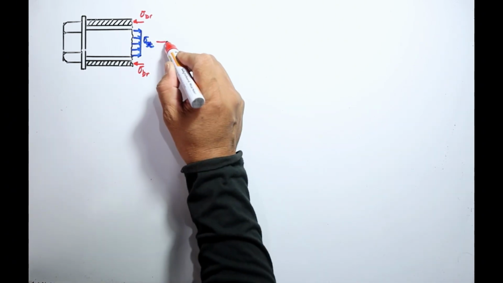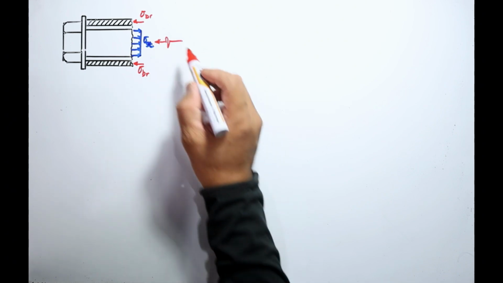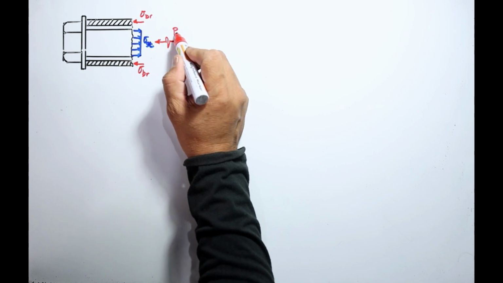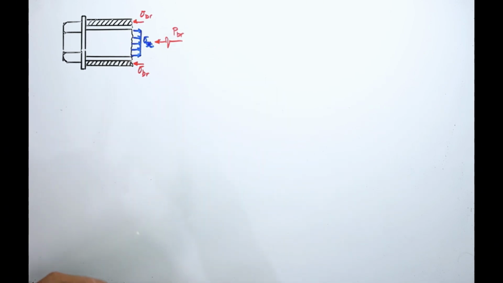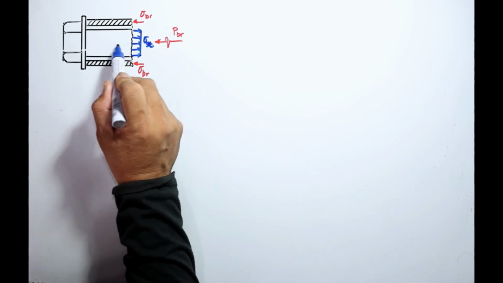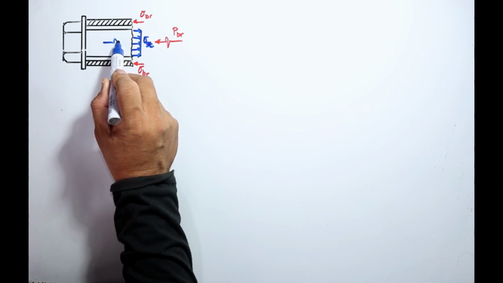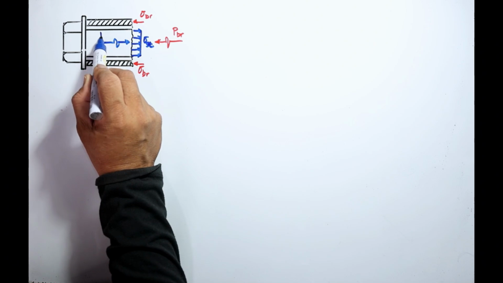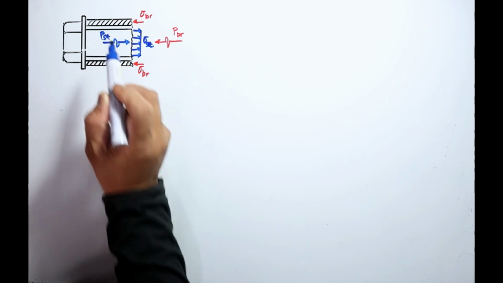The resultant force for the bronze tube, let's call it P sub BR, and the resultant force for the steel bolt, let's call that P sub ST.